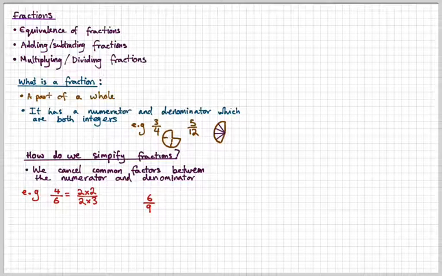So we split 4 into 2 times 2, and we've turned 6 into 2 times 3. So the common factor is 2. There's a common 2 on the numerator and the denominator, so they can be cancelled, leaving us with the simplified fraction 2/3.